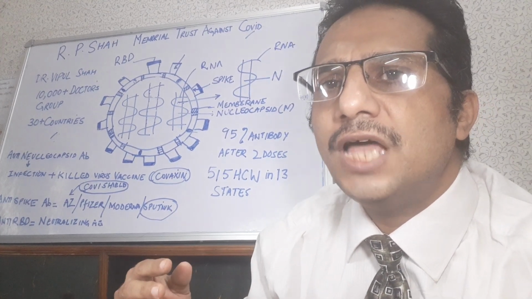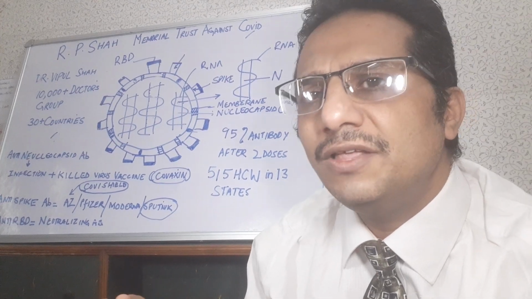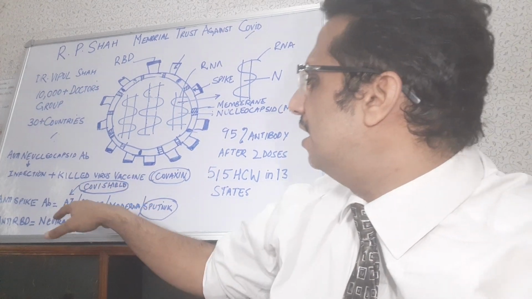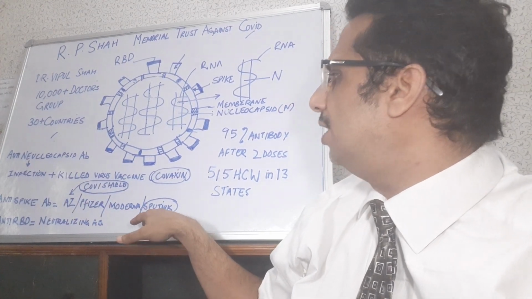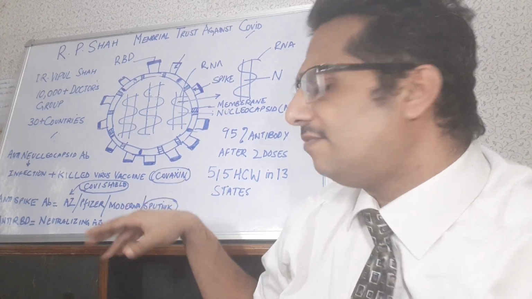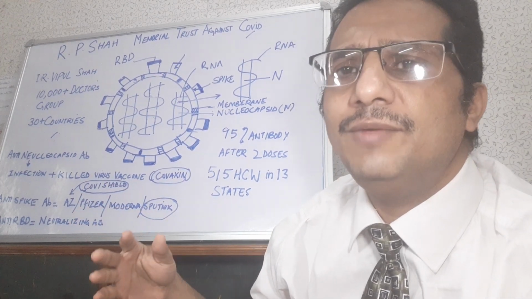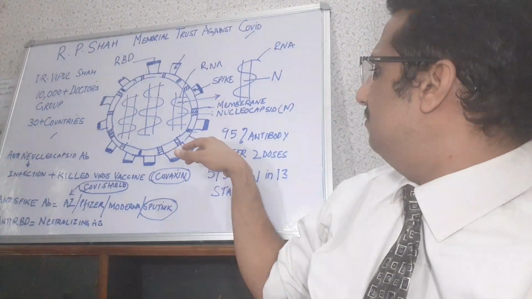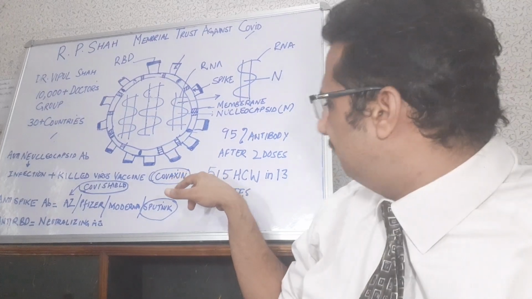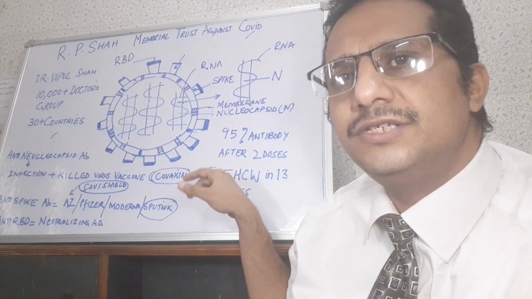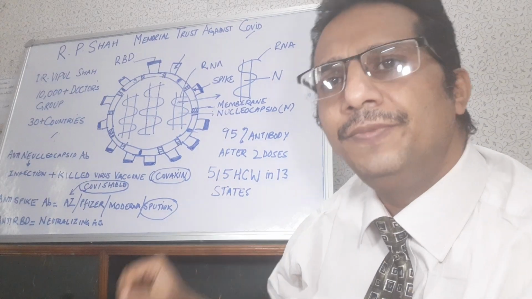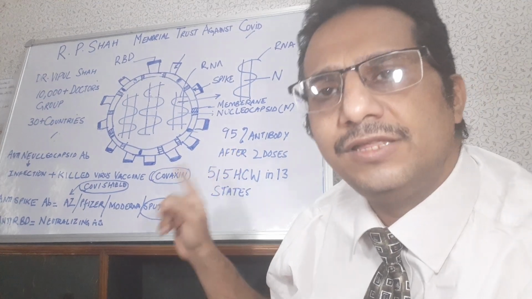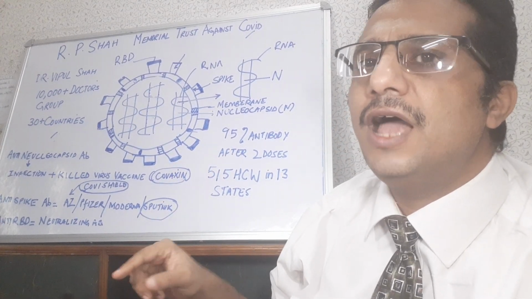Now coming back to the question whether the antibodies are found or not and how much are they found, we have to understand that most of these vaccines, whether it is AstraZeneca, Pfizer, Moderna, Sputnik, or Covaxin, all of these vaccines produce antibodies in close to 95%. Why do I say 95%? So in a study of 515 healthcare workers, doctors and staff in 13 states in India, it was found that 95% of healthcare workers produced antibodies after 2 doses.